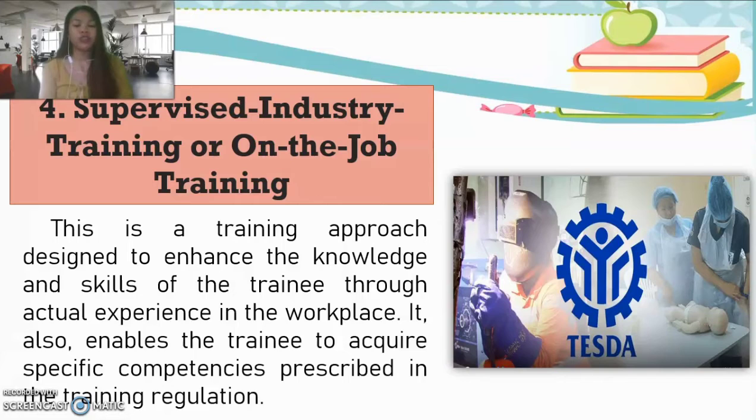For example, I'm not sure if the Bread and Pastry or the other NC2s really adopt this supervised industry training program, but one thing that I am very sure of is that when you are enrolled in TM1, you as a trainee will be deployed in another training center for the on-the-job training. So you are being monitored by your trainer. So you will have your TRBs and other monitoring sheets for your industry training.